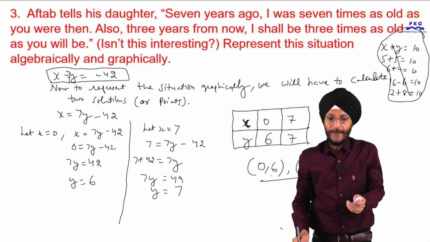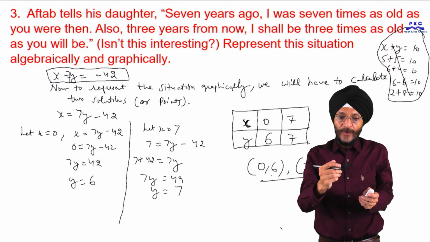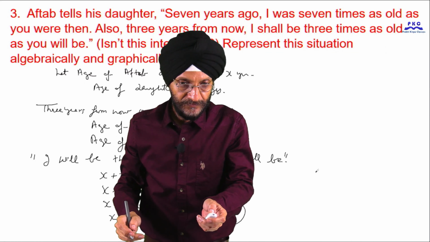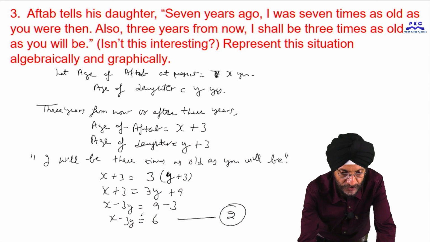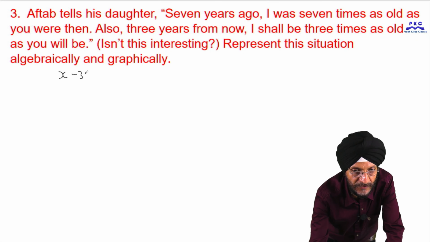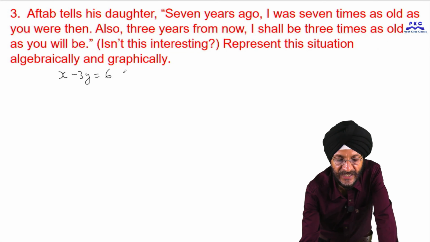Now we will take the second scenario, that is the second equation which we had arrived at. It was x minus 3y is equal to 6. So we write here x minus 3y is equal to 6. This is the second equation.